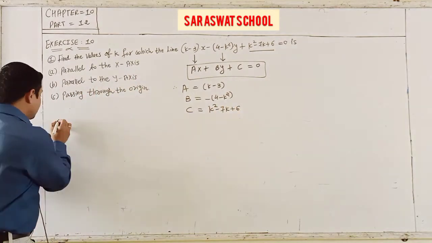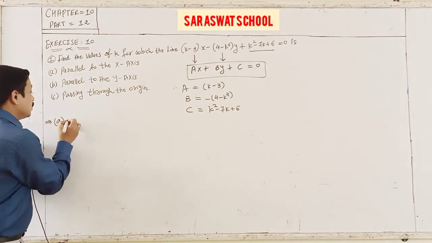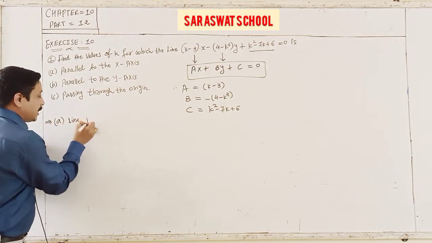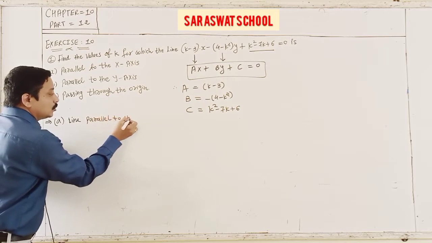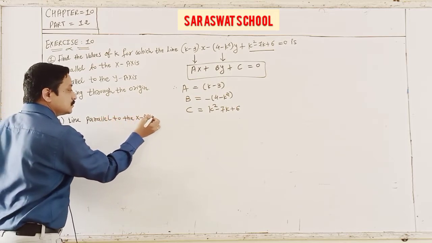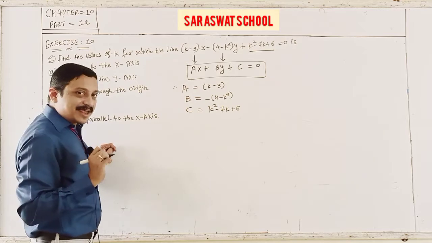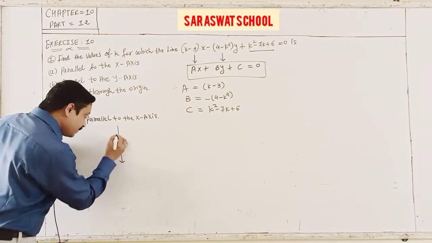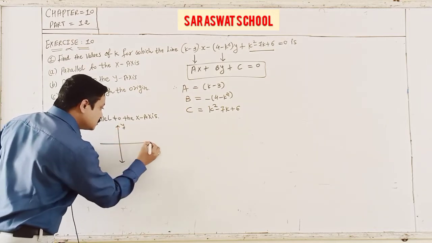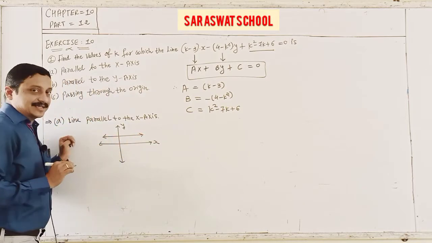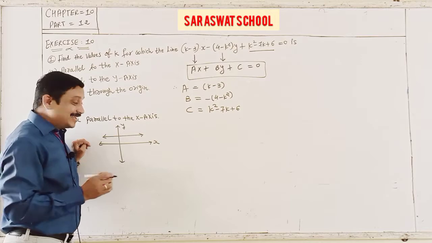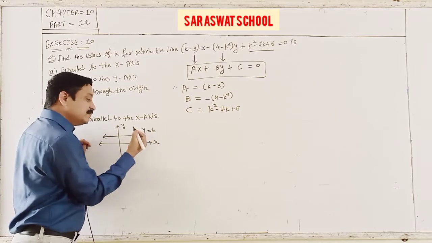Now I go to the first case, line parallel to the x-axis. Parallel to the x-axis means your line is in this way, y-axis here, x-axis this way, so the line is parallel to the x-axis. It is a horizontal line, that is y is equal to something.